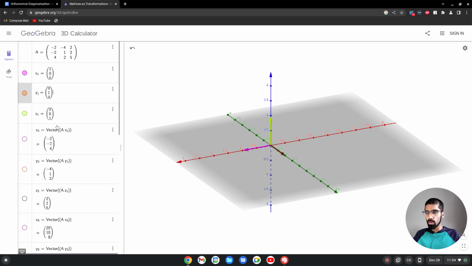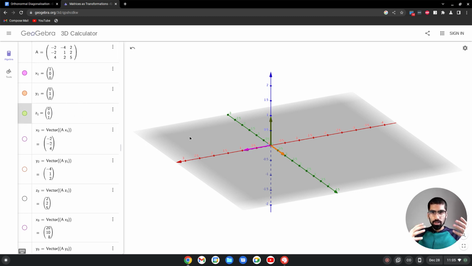Same thing with y1 and the matrix vector product of A and y1. Same thing with z1. So when I'm taking my standard basis vectors, the special thing about them is that they matrix vector multiply with any matrix to just get these columns that you see here. So the product is just the columns. It's a useful property.